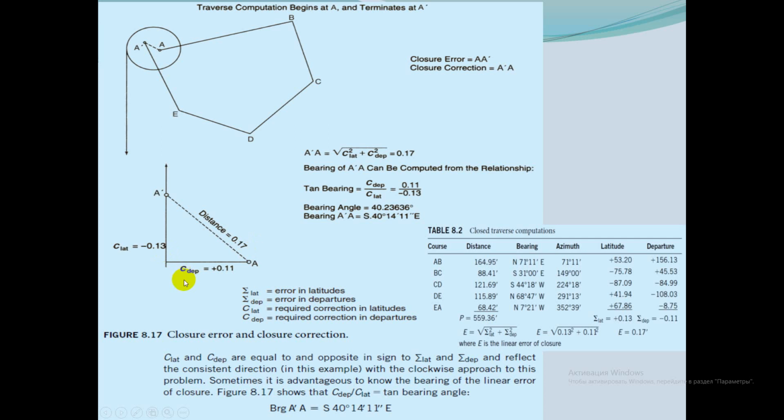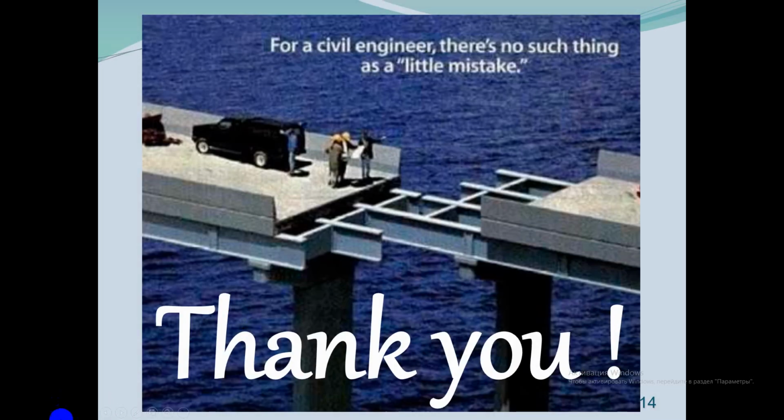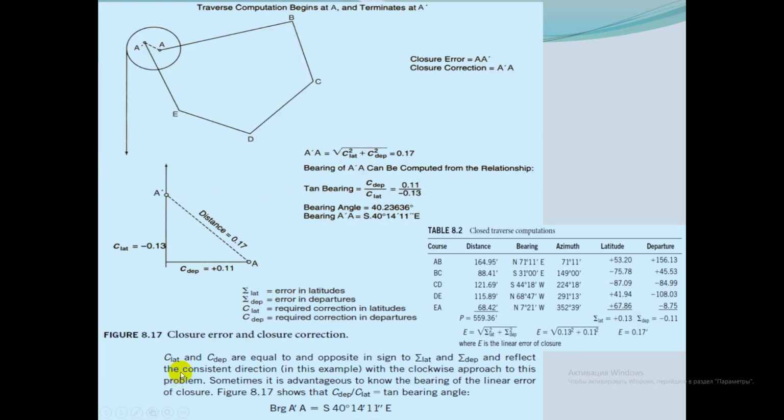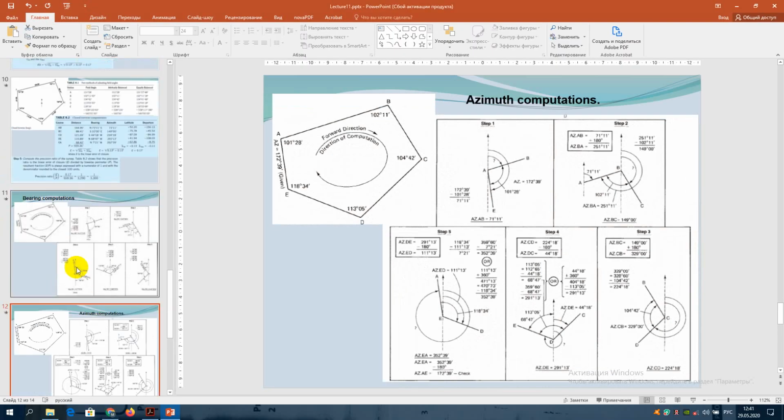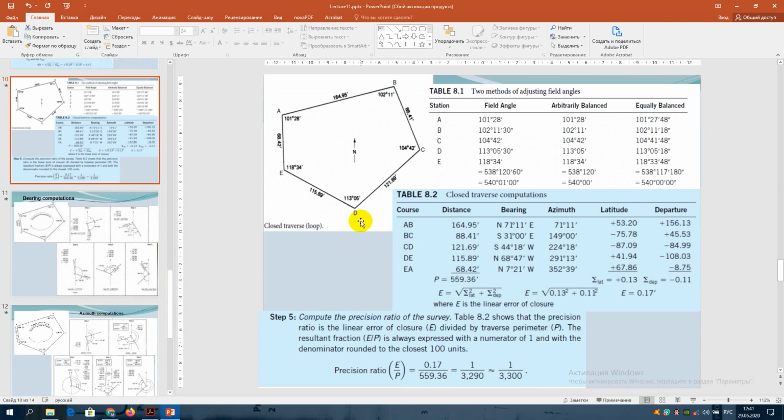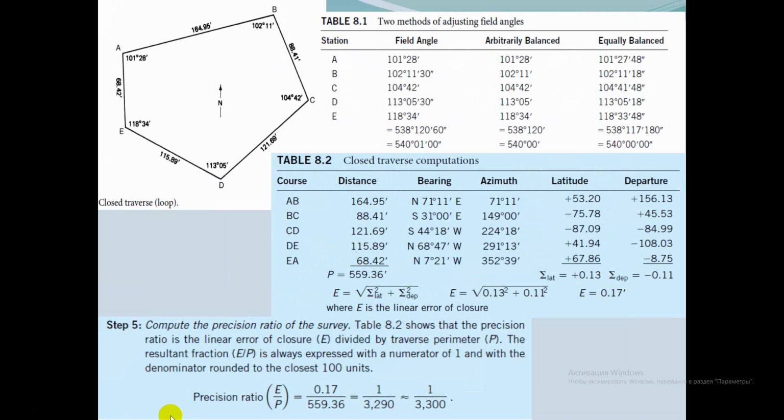We have this distance, and after that, step 5. Step 5: compute the precision ratio of the survey.